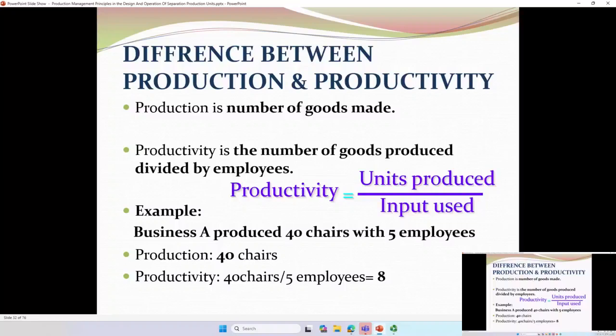The fact that a particular unit is producing more doesn't mean they are more productive. Maybe there are more people there. So by the time this production unit is named the best team of the year, you can actually, without any bias, calculate the productivity.